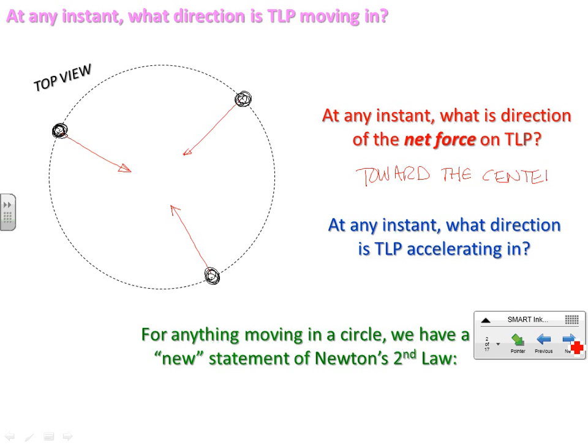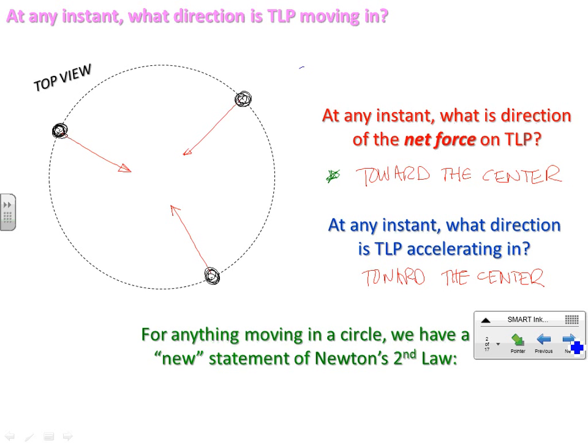For anything that moves in a circle, the net force is always toward the center. And therefore, what direction does this thing accelerate? Again, toward the center. And there's a word we use that means toward the center.